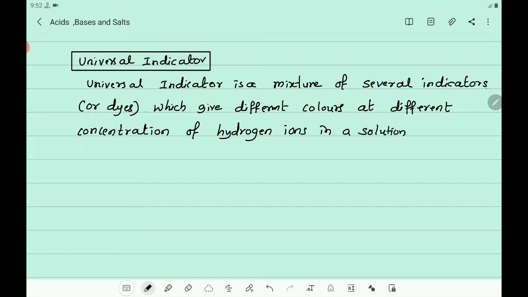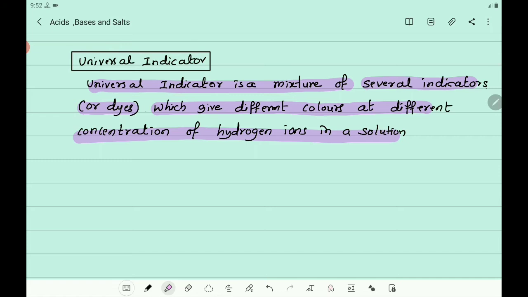What is universal indicator? Universal indicator is a mixture of several indicators, or you can write dyes, which give different colors at different concentrations of hydrogen ions in a solution.